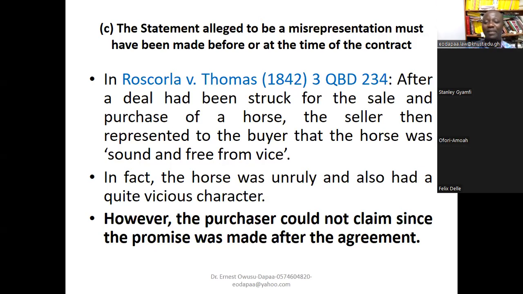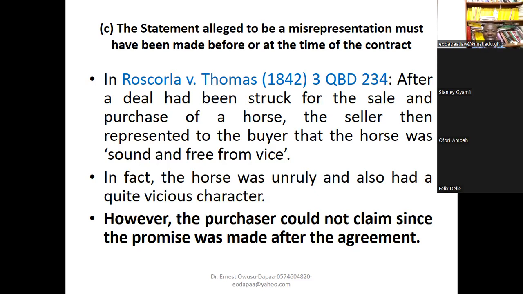Now, after the purchaser had made the payment, the seller, whether out of unnecessary enthusiasm or excitement, made the statement that you've made a good purchase. The horse, this horse is sound and free from vice. In other words, the seller of the horse, having concluded the sale, was giving a more positive statement about the horse.